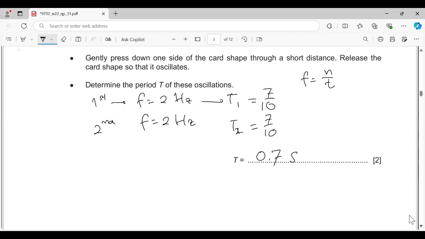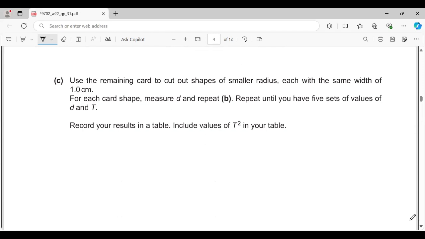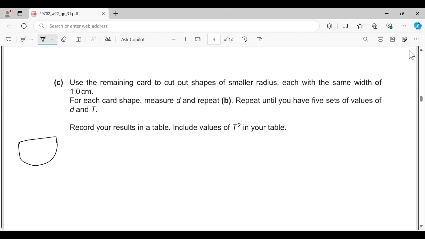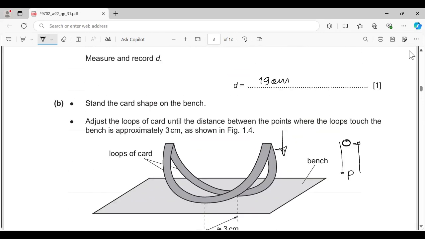And next, for the next step, use the remaining card to cut out shapes of smaller radius, each with the same width of 1 centimeter. So we are going to cut this remaining card, this part.